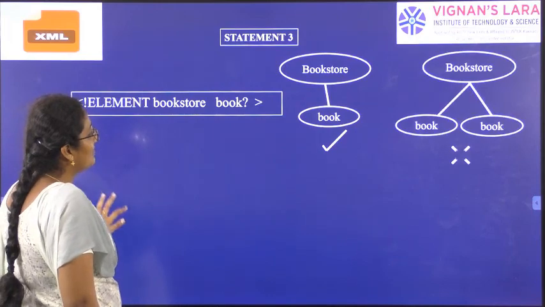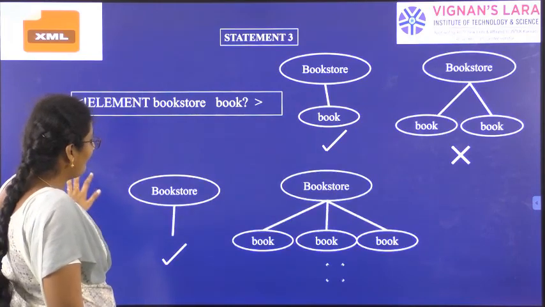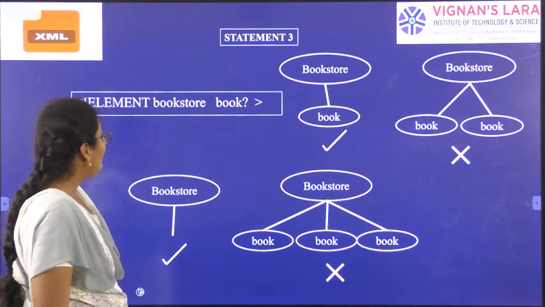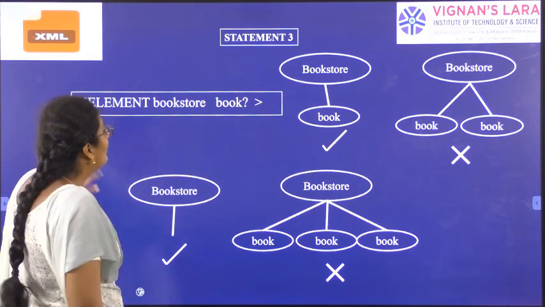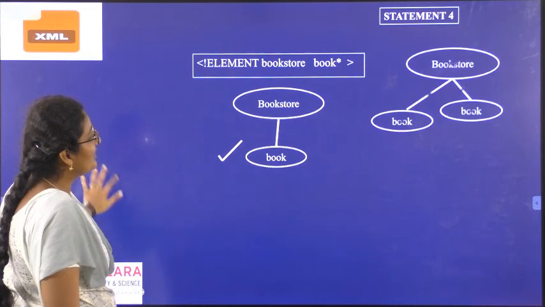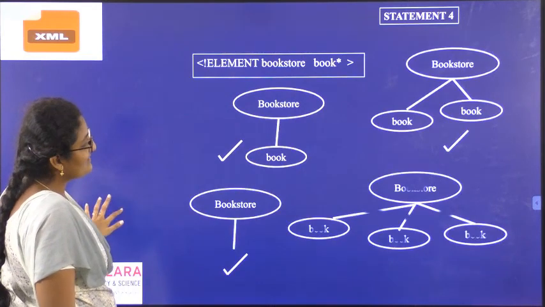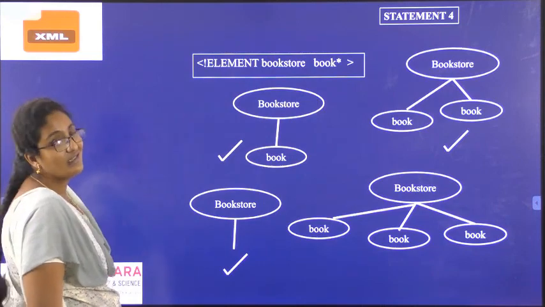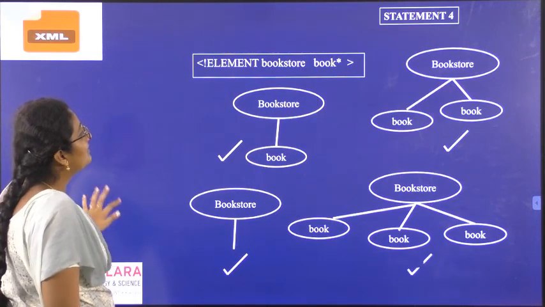Next we use the question mark, so it can appear only once or it can be silent. The element can be silent or appear once. And the next symbol is asterisk. It can appear any number of times, and it can be silent also. Everything is correct with asterisk.